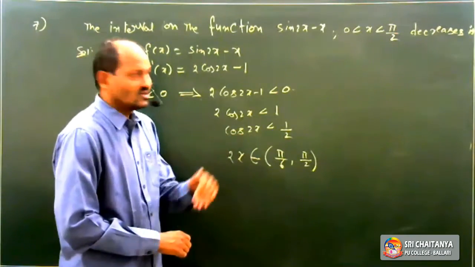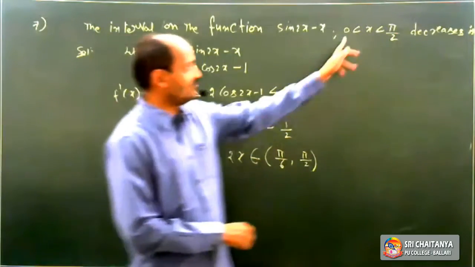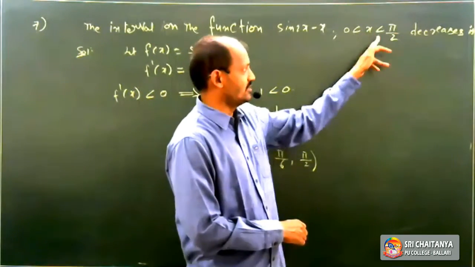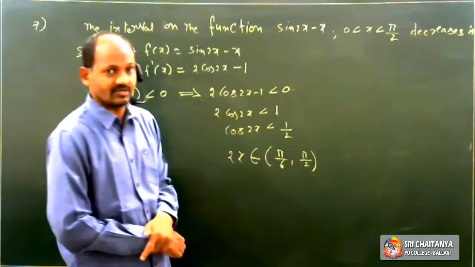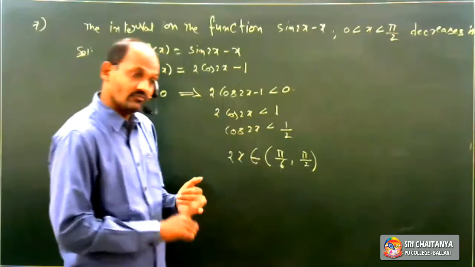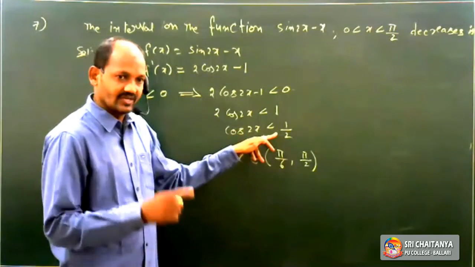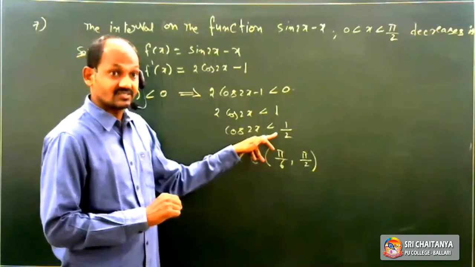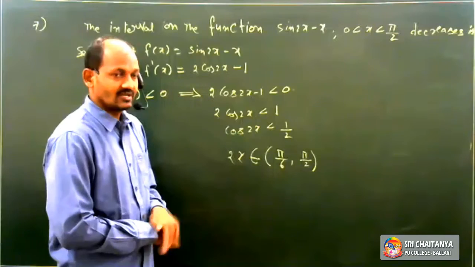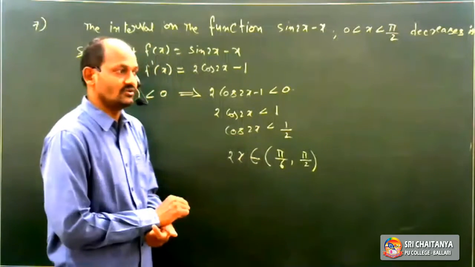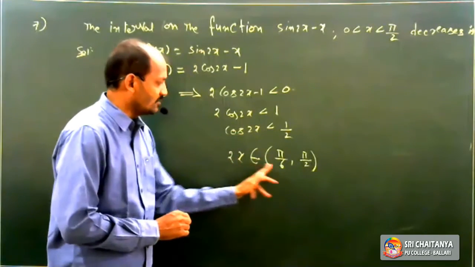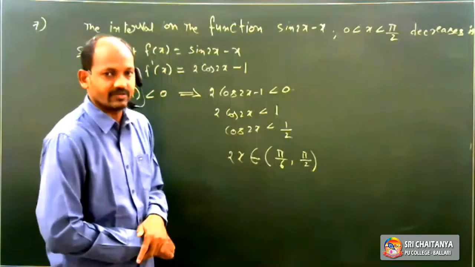So cos below 1 by 2, but only in the first quadrant, 0 less than x less than pi by 2. That means clearly 2x belongs to pi by 3 to pi by 2.